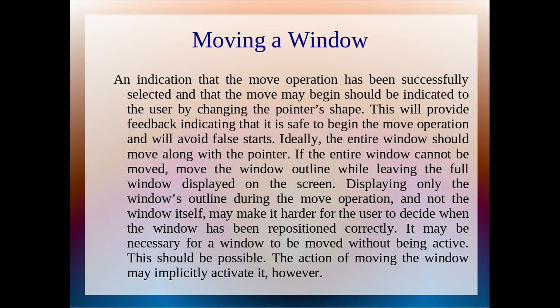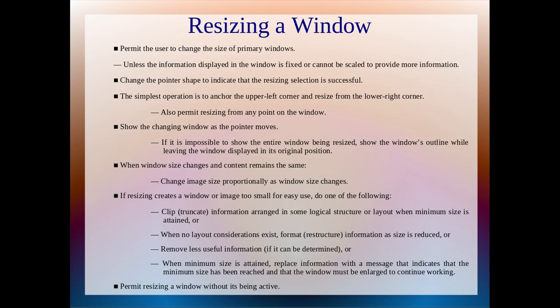If the entire window cannot be moved, move the window outline while leaving the full window displayed on the screen. Displaying only the window outline during the move operation and not the window itself may make it harder for the user to decide when the window has been repositioned correctly. It may be necessary for a window to be moved without being active. This should be possible. The action of moving the window may implicitly activate it, however.